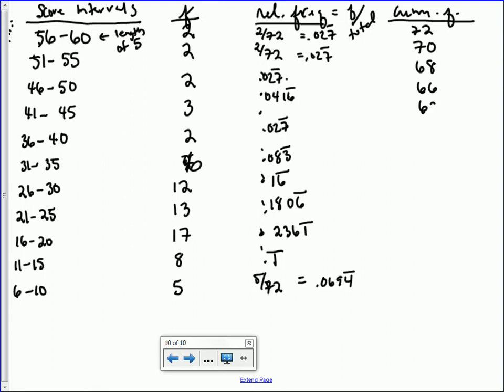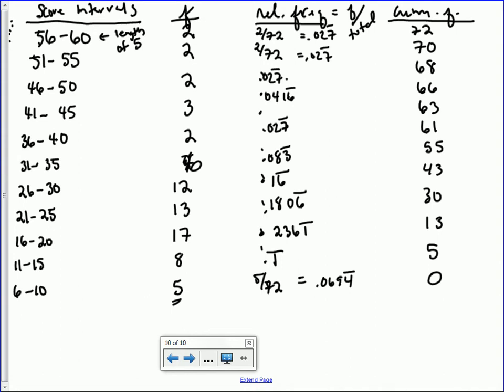Take 3 away, 63, 61, 55, 43, 30. Then you're going to take away those 17 there, and you're left with 13. You're going to take away those 8, and you're left with 5. And when you take away this final 5, you'll be left with 0. So it's just a way to count down the data points from the total all the way through the data.